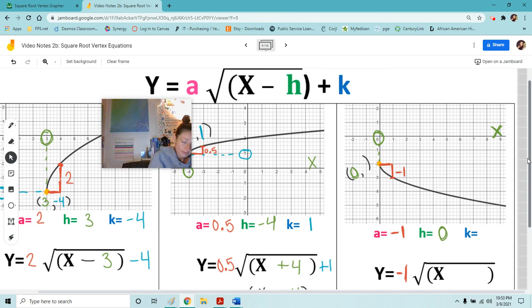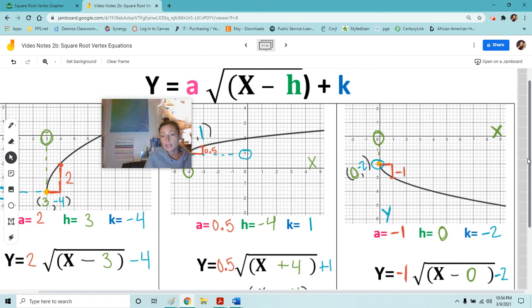Now in this case, I don't have to go very far because I'm already touching that y-axis. And that tells me on the y-axis, that's at -2. So we have in our equation, our h is 0, and then our k is that -2. So that's just going to go in as a -2 at the end.